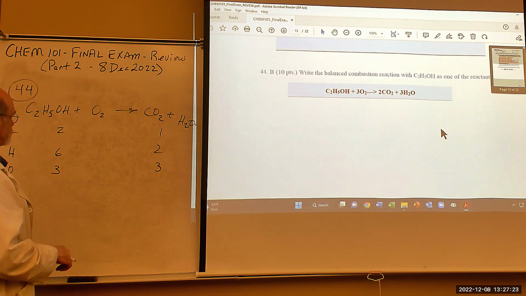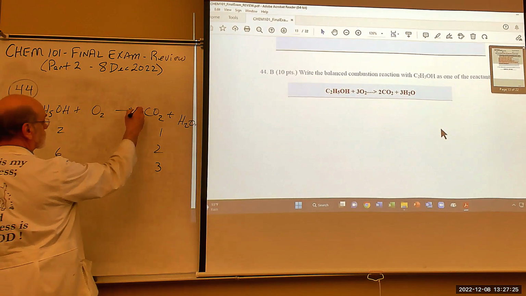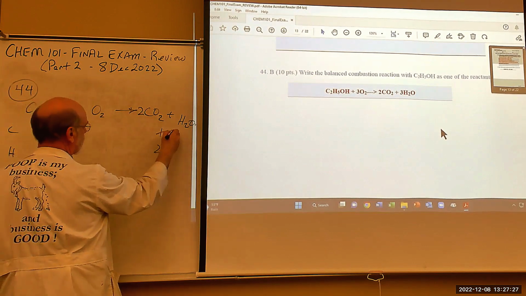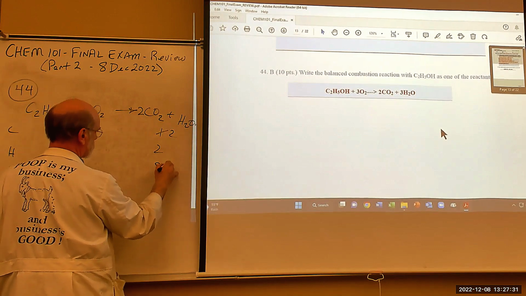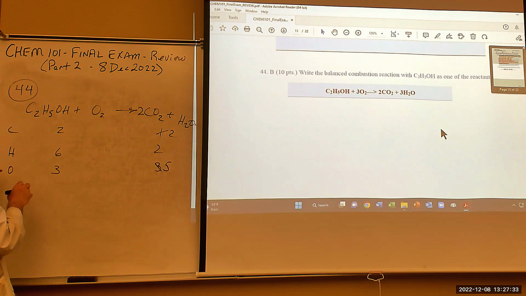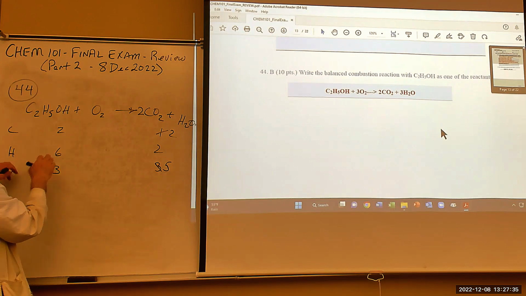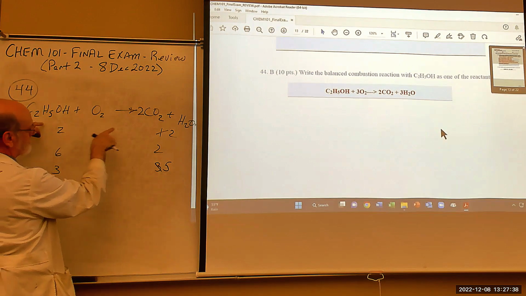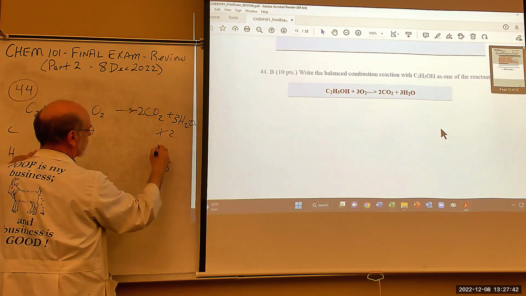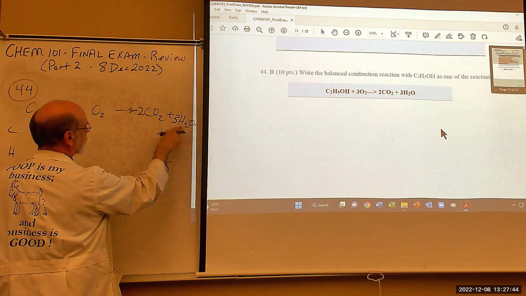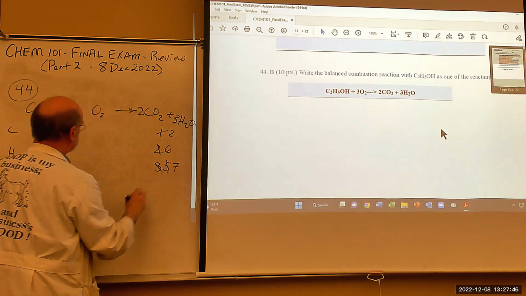So where do we start? Well, we start with carbon, say 2 carbon dioxide, and that makes 4 oxygens. Then we go to hydrogens, and we need 6 hydrogens. If we put a 3 here, that gives us 6 hydrogens. But now we have 3 plus 4, which is 7 oxygens.